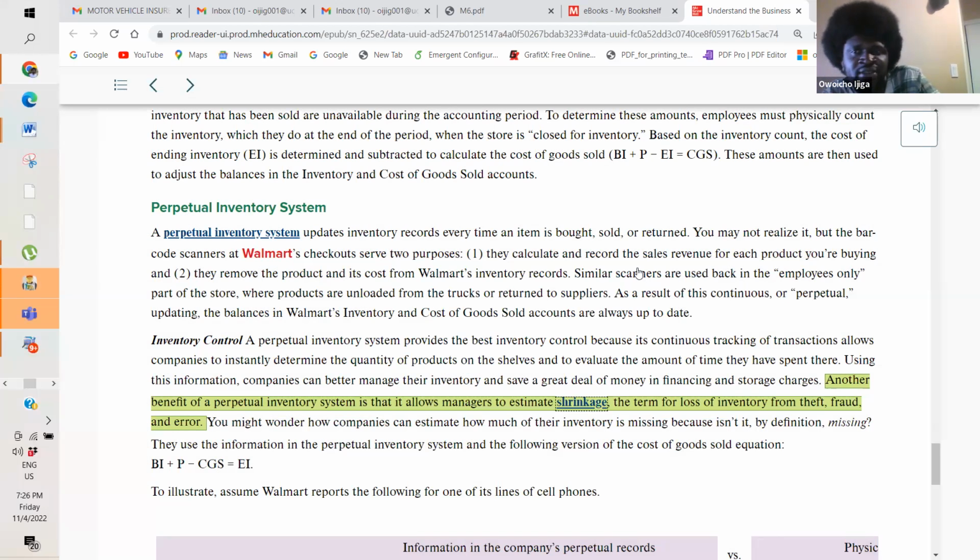Let's say, as at Walmart, there are customers that come in and steal their items without paying.